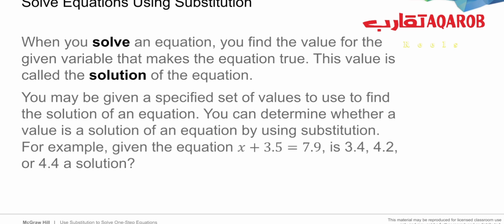When you replace the variable by a value and it makes the two sides the same, I have a true equation, and I can say this value for the variable is a solution for the equation.